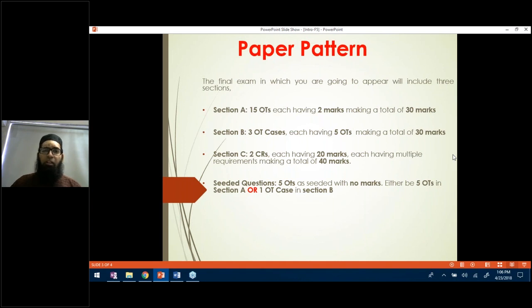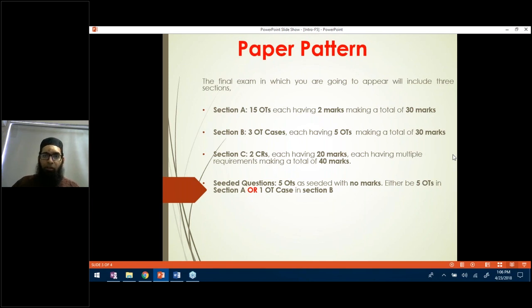Otherwise, Section A will be 15 objective tests, but Section B will have 4 OT cases, in which 3 OT cases will carry marks and 1 independent OT case will be the seeded one. We will not be able to know which objective test or OT case is seeded, so we have to complete the exam proficiently.